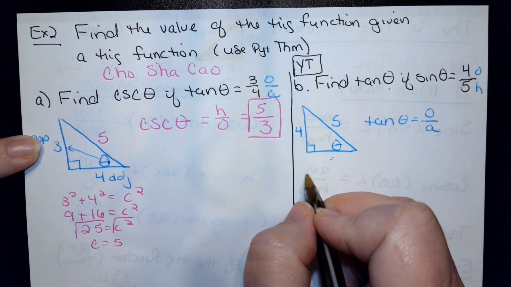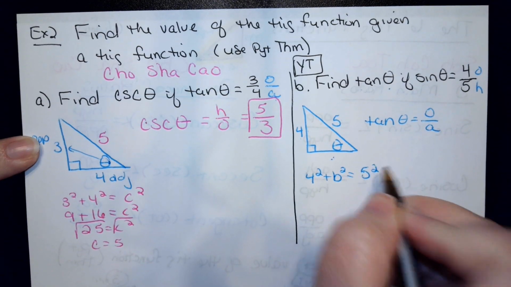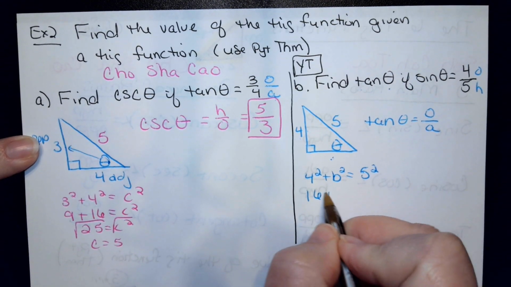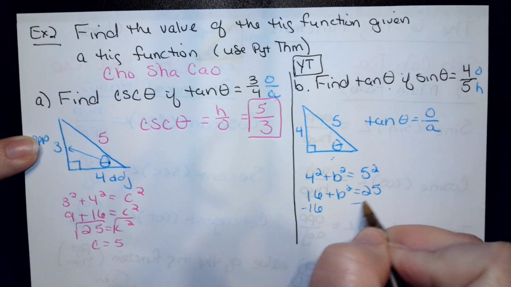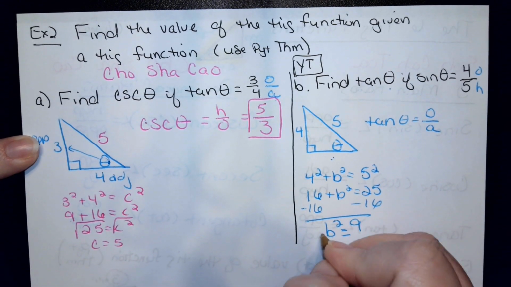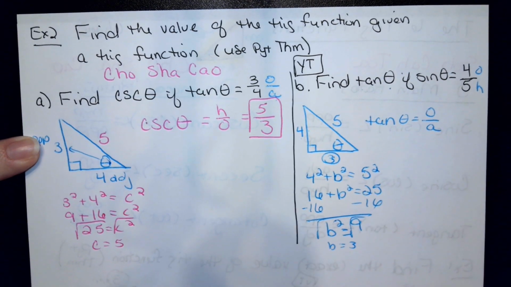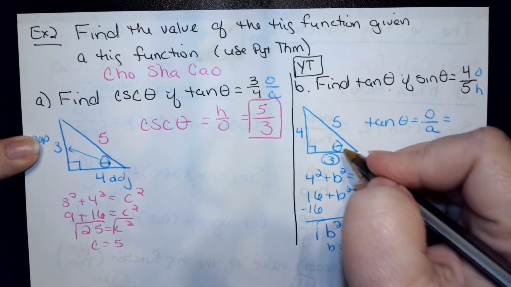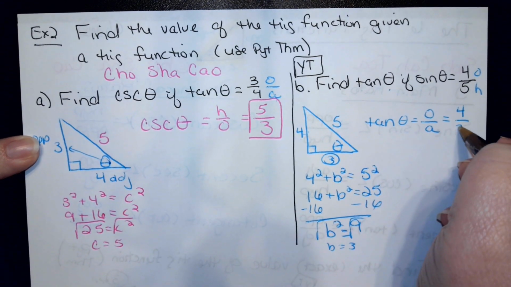So I would say 4 squared plus b squared equals 5 squared. We get 16 plus b squared equals 25. Subtracting that 16, we get b squared equals 9. So then we get b equals 3. So the missing side is 3 here. So our opposite side is 4, and our adjacent side is 3.